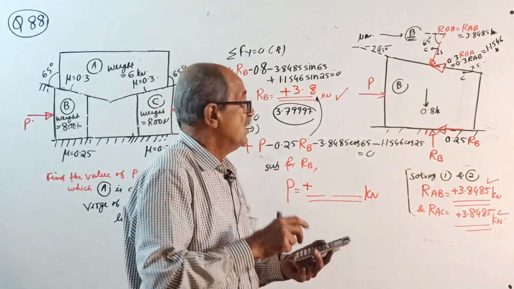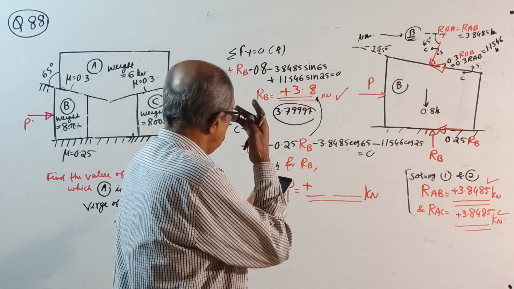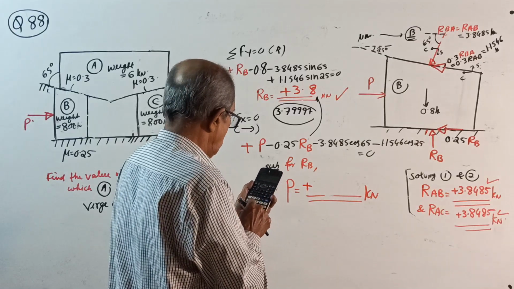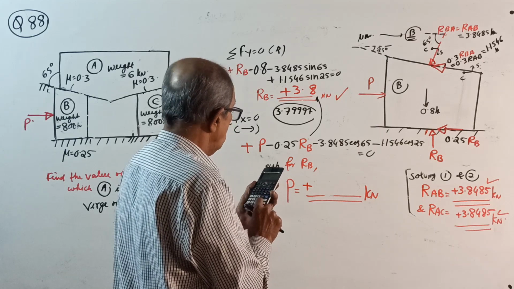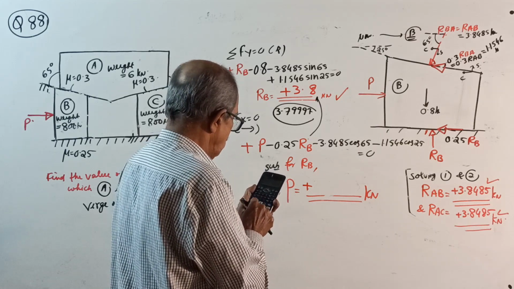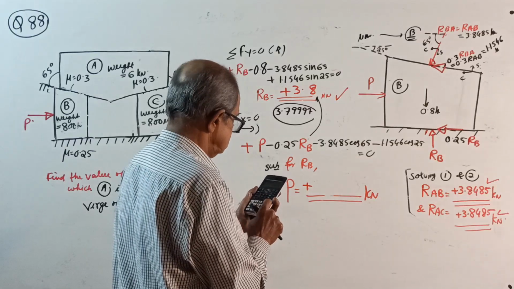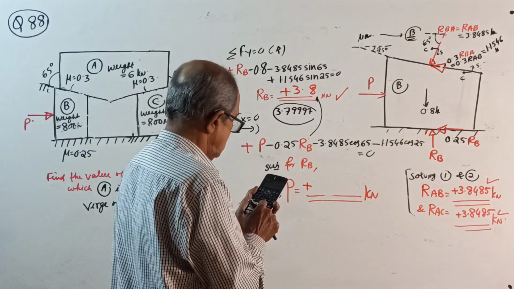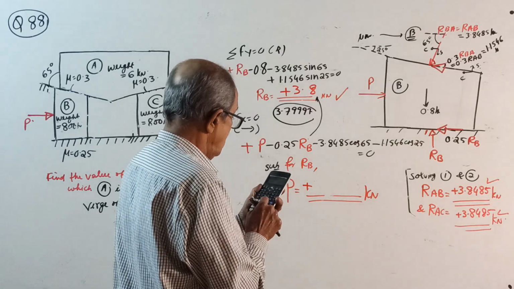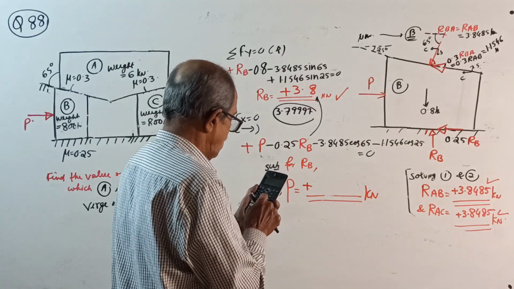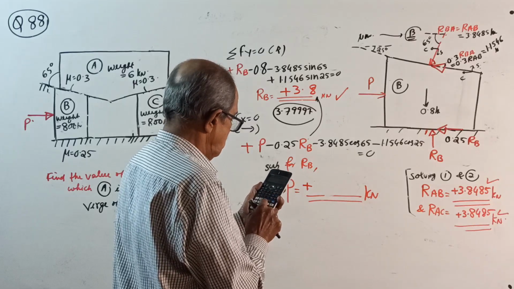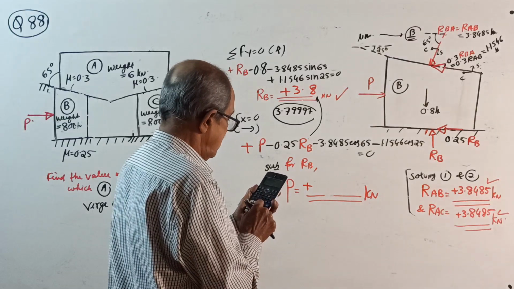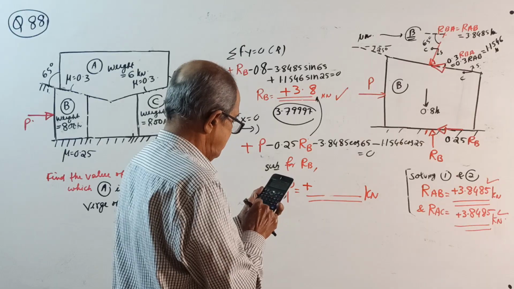I will tell you how I got it. 1 minute. So, minus 0.25 into 3.8 equal to how much? Plus I can take 0.25 into 3.8 plus 3.8485 into cos 65 equal to plus 1.1546 into cos 25.